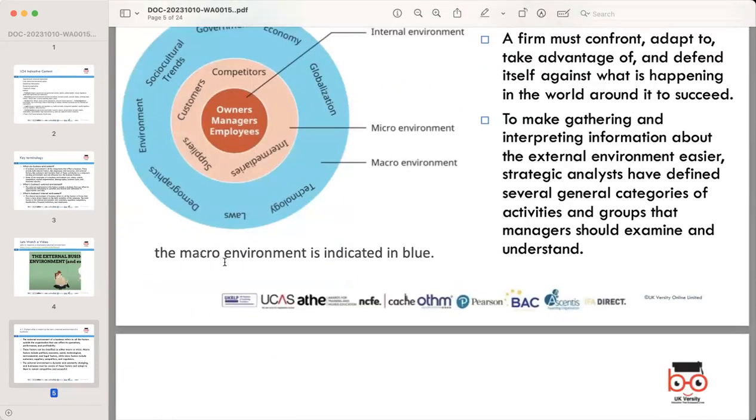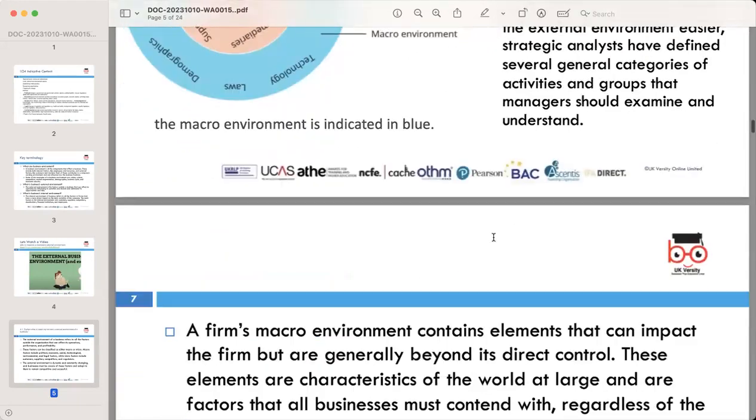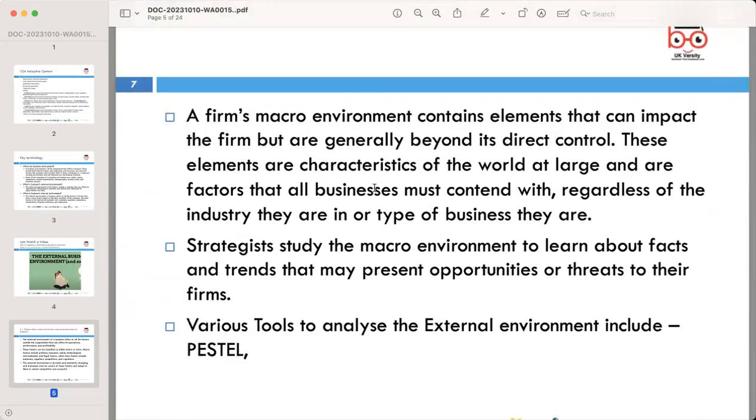So the micro environment is indicated in blue. So this is the macro environment, examples. So basically, what is it? A firm's macro environment contains elements that can impact the firm but are generally beyond its direct control.